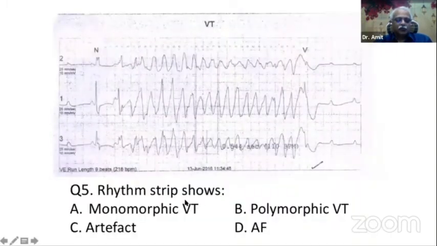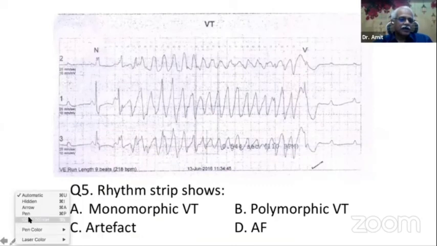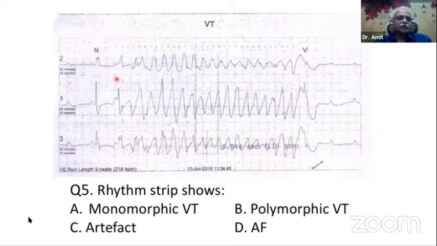All right, so we will move on to our fifth ECG now, and the fifth ECG is only a rhythm strip. So we have 3 rhythm strips here, 1, 2, and 3. So obviously this is monitoring happening.